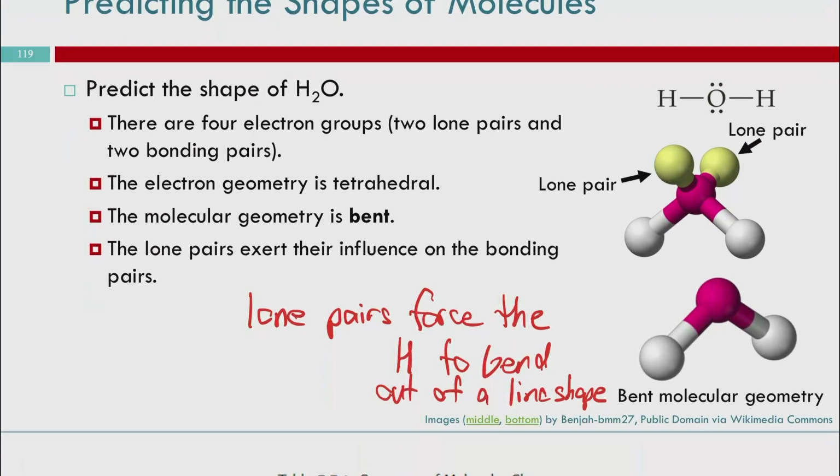There's another way that we can get a bent shape that I don't have shown here. I can't think of the example, but it would be if we start with a trigonal planar shape. So we've got 3 electron groups, and one of them is a lone pair. So imagine if my feet don't exist. I can't make that happen in class.